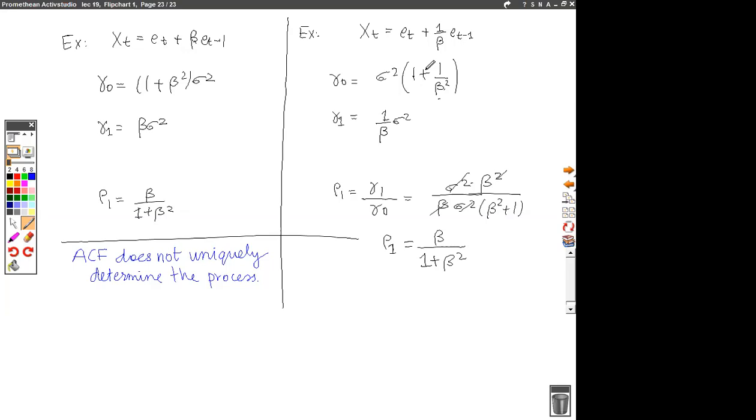Now I started off with my MA1 process, right?